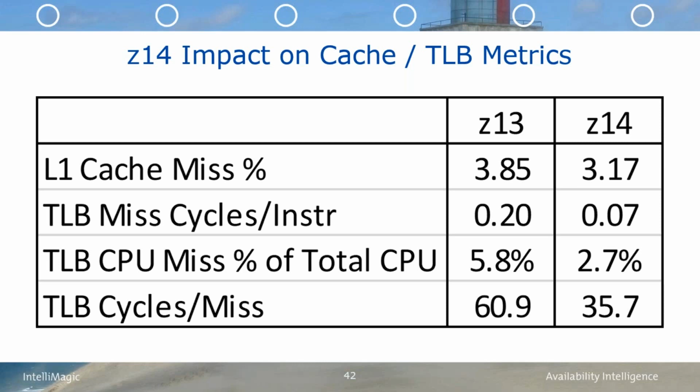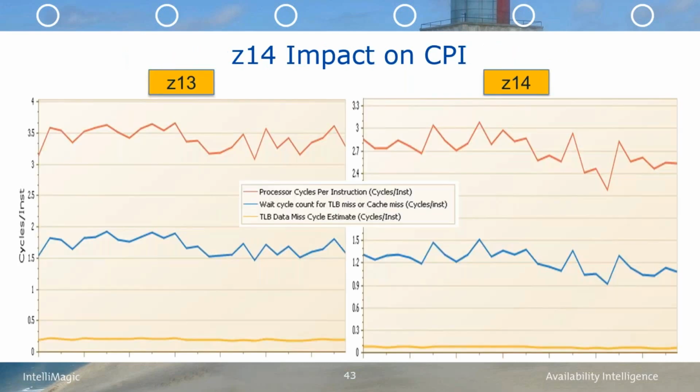The contribution of TLB miss cycles to overall CPI, which is a subcomponent of the weighting cycles of estimated finite CPI, decreased significantly, showing a very positive impact of merging the level 1 TLB into level 1 processor cache. Another positive impact of that merge is seen in the fact that total CPU consumed for TLB misses decreased by more than half, from 5.8% to 2.7%. And machine cycles spent when there was a TLB miss also decreased as shown.